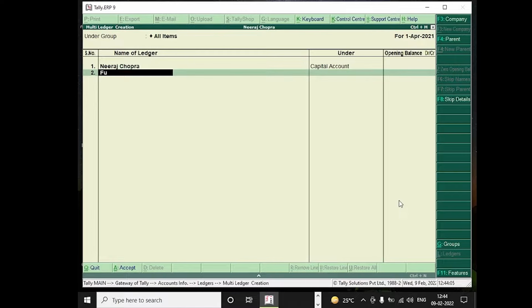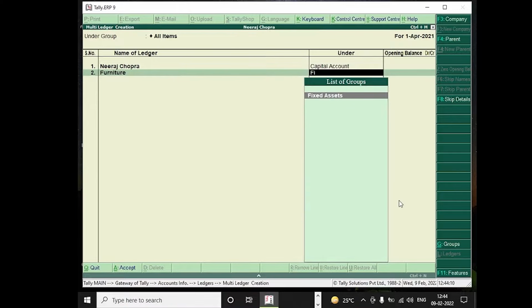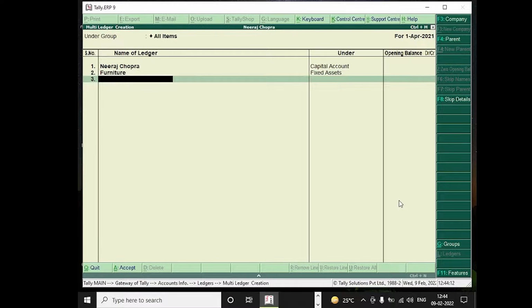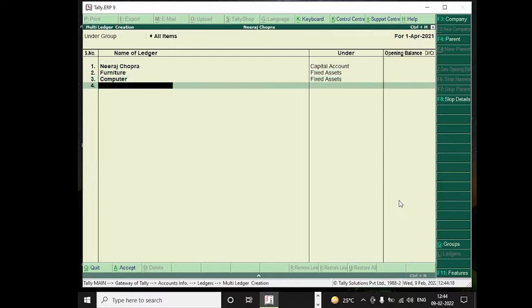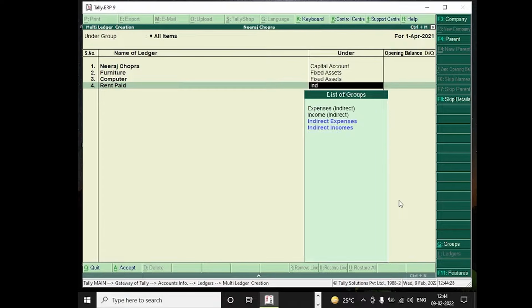Furniture purchased. Furniture is a fixed asset. Computer is also a fixed asset. Rent paid. Rent paid is an indirect expense.